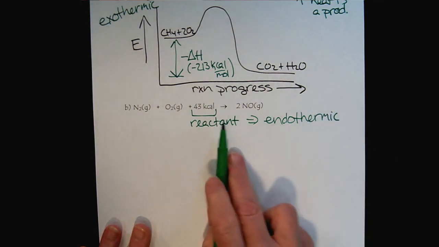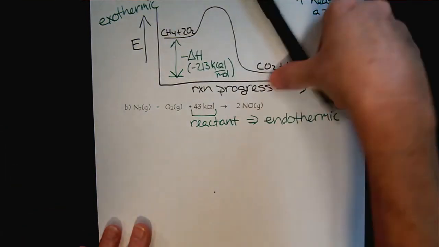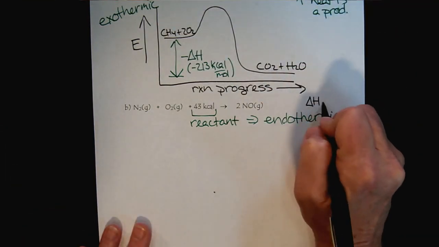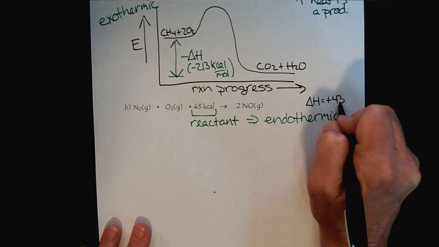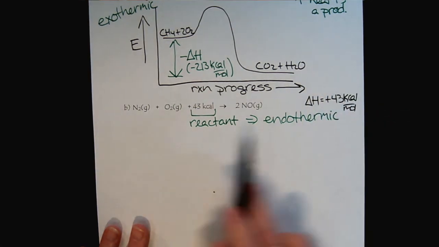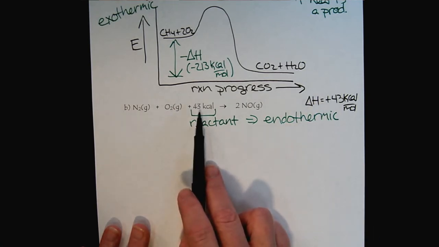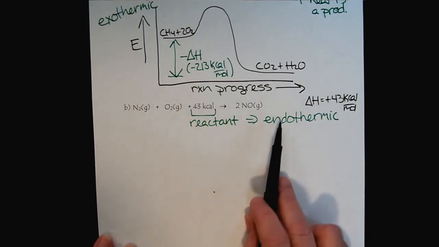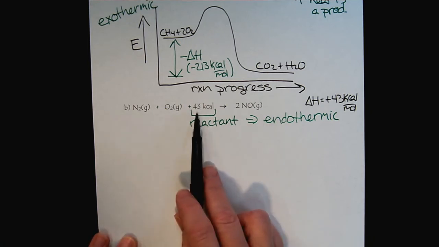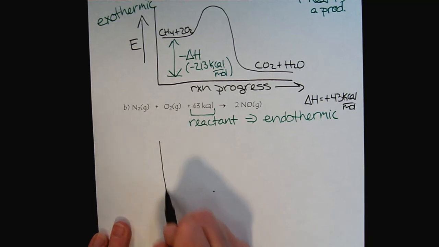If this information was shared like the previous example, we would show it as delta H plus 43 kcals per mole. The positive sign would tell us it's endothermic, or how it's written as a reactant tells us endothermic. So for this reaction to occur, we must add energy or nothing will happen.